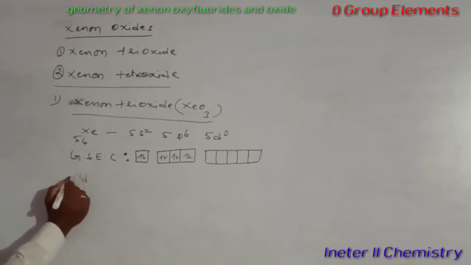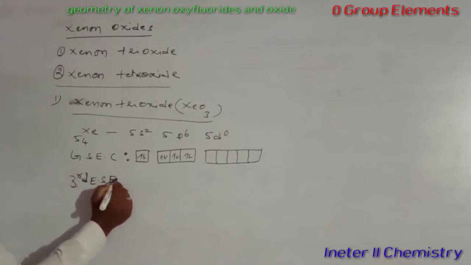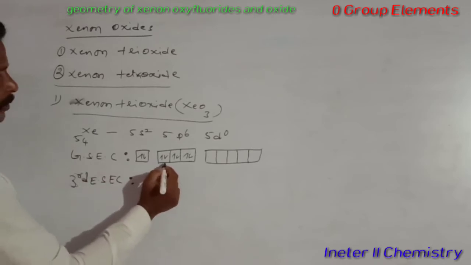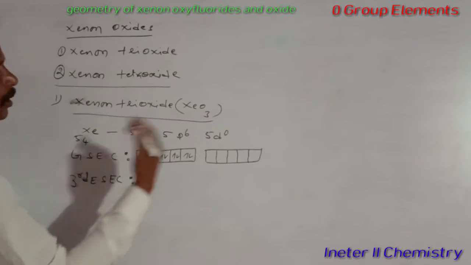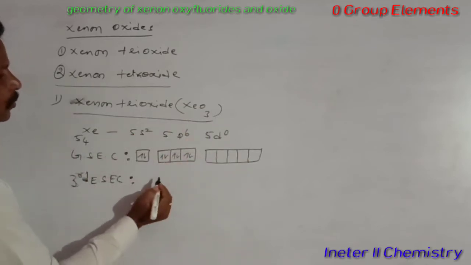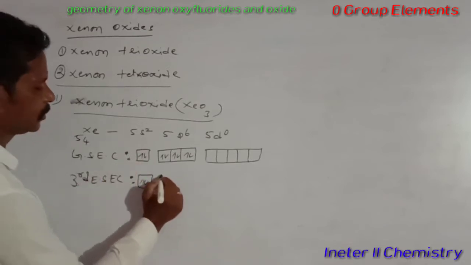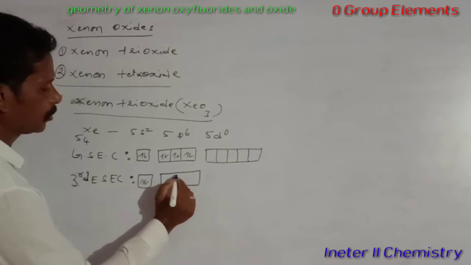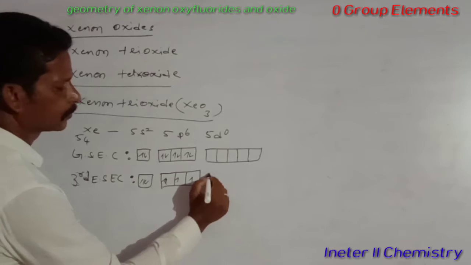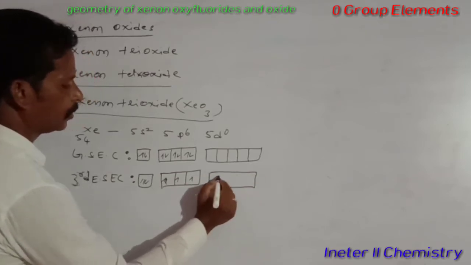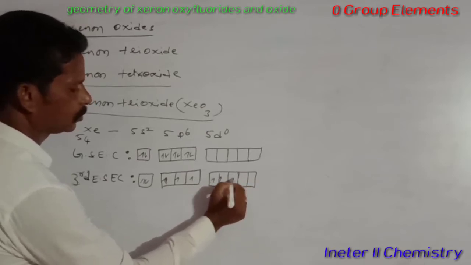In the third excited state electron configuration, 3 electrons of the p orbital are excited to the d orbital, 1, 2, 3.